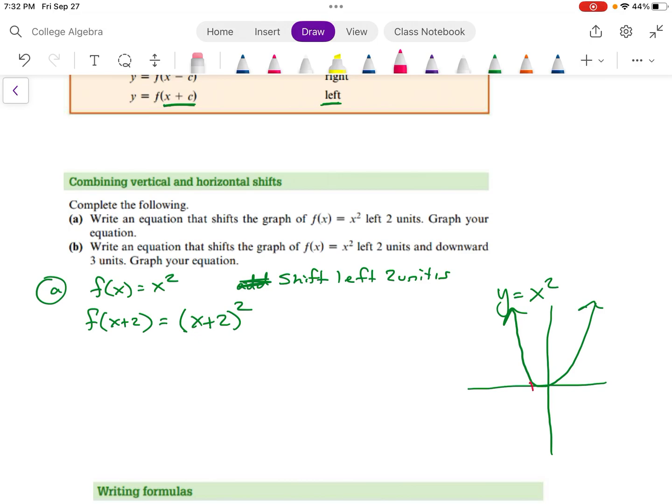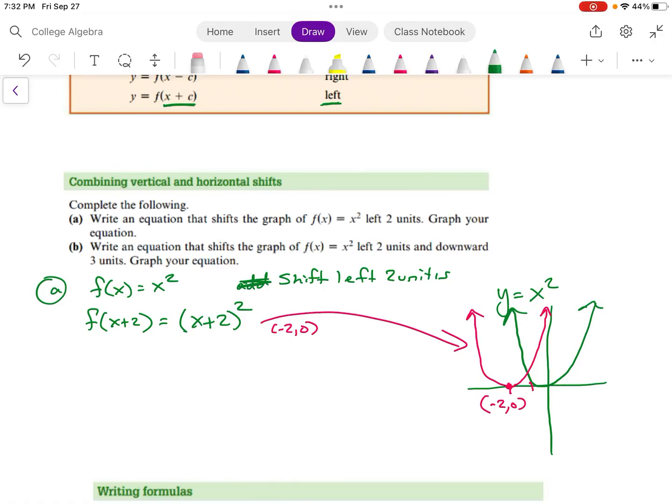If we graph it on a calculator, we would see that it is shifted 2 units to the left, and that happens to be that graph. Again, what is the vertex? Well, the vertex is -2, 0, and that is -2, 0 right there as its vertex.